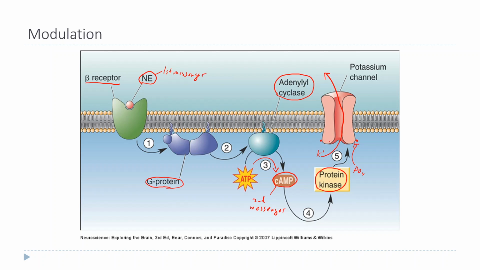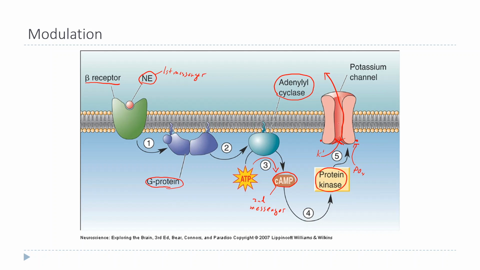But it turns out that when phosphorylated, the potassium channels close. So the effect of phosphorylation is to reduce the potassium current leaving the cell, which basically means the membrane potential will not be as negative.